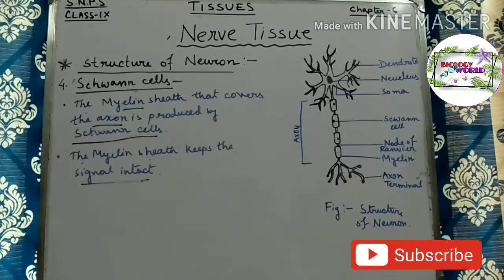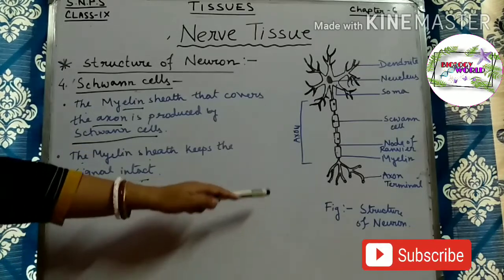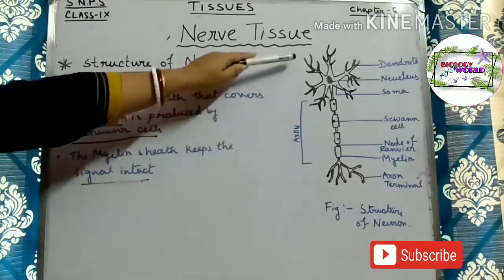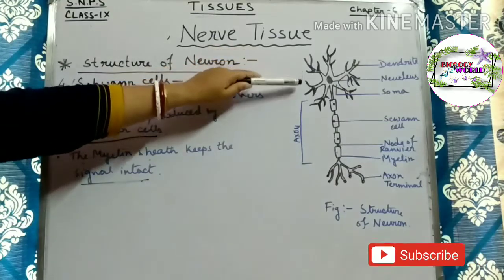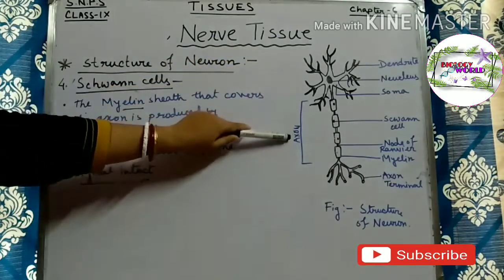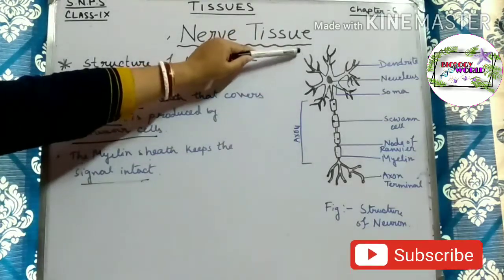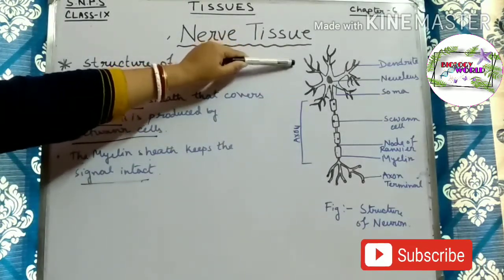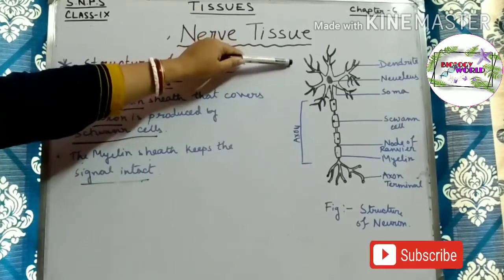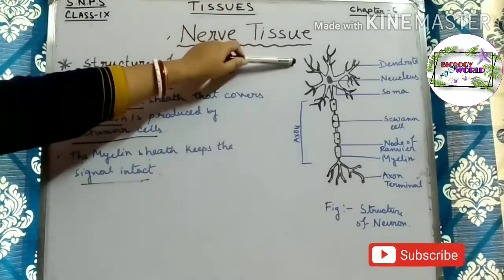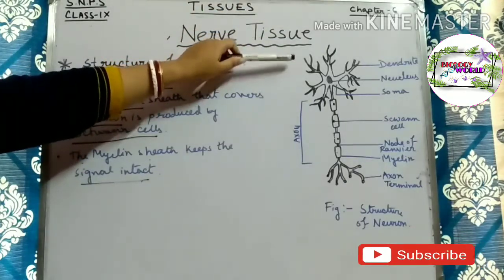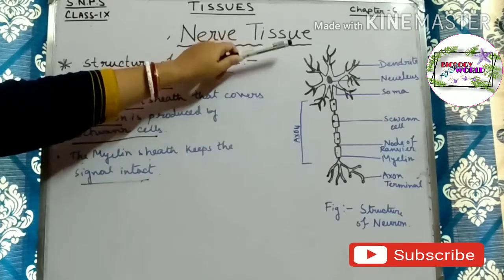Now I am revising again the structure of the neuron. So the neuron is made up of dendrites, cell body or soma, axon and axon terminal. Dendrites are tree-like branches that help to receive the chemical signals and convert them into electrical signals.